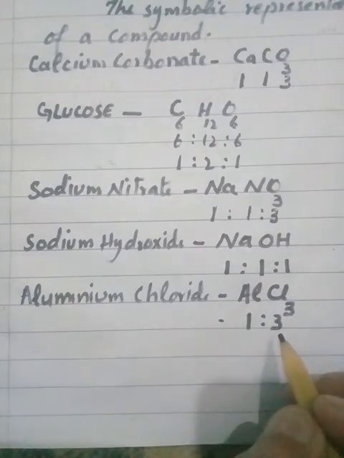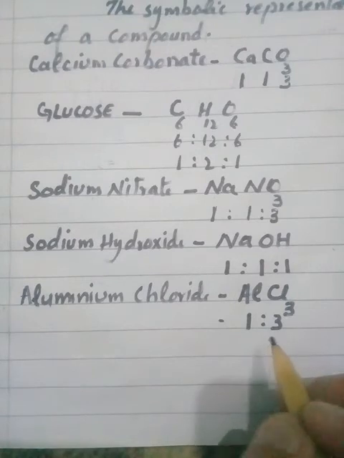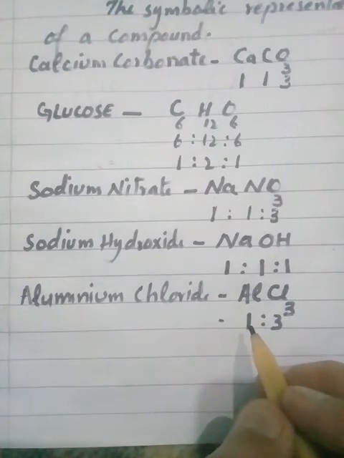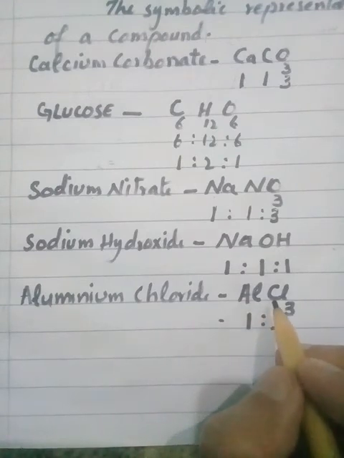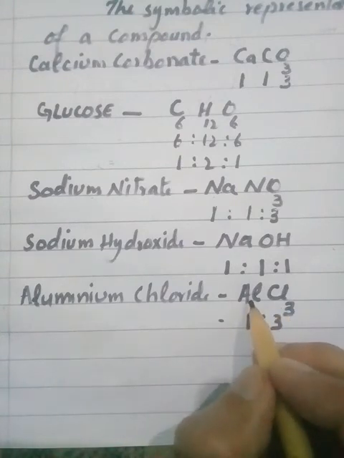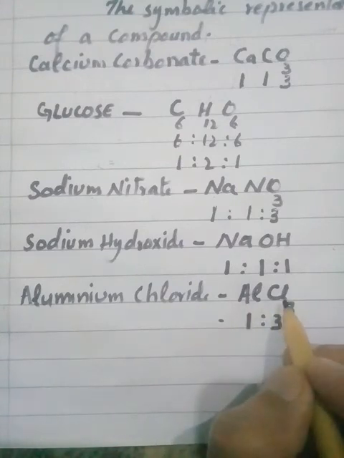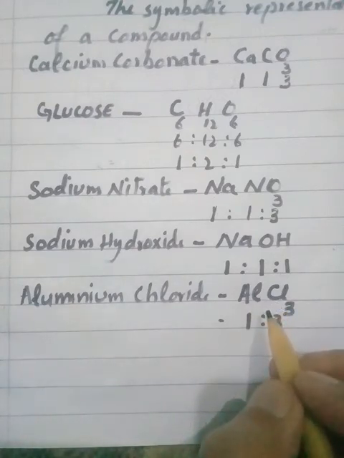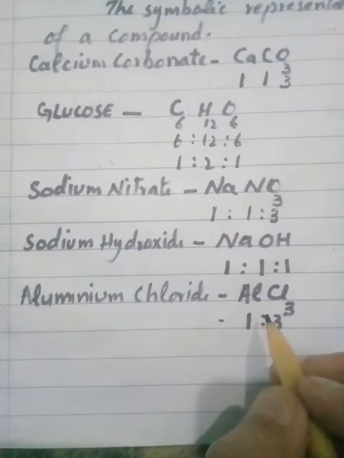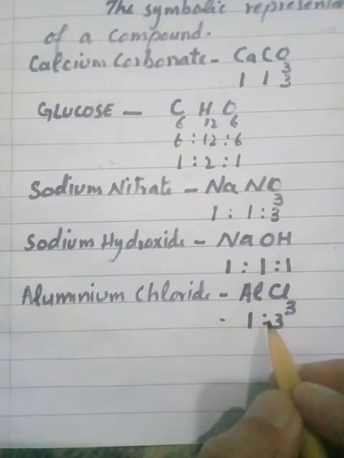The ratio is 1:3. Chemical formula tells us the type of atoms. How many types of atoms are present? 2 types of atoms. How many atoms are present in total? One of aluminium, 3 of chlorine. Total 4 atoms. And the ratio of the different atoms present in the compound, what is the ratio? 1:3.